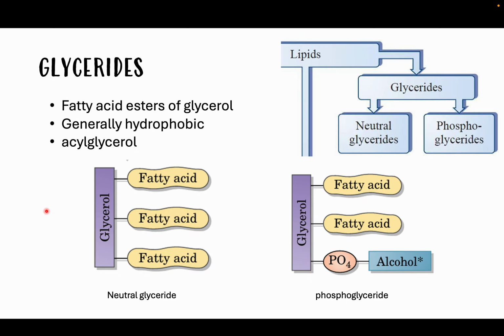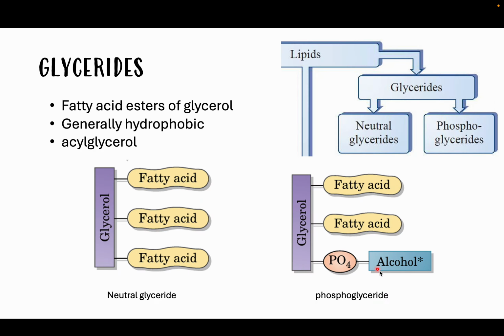Another type of lipid would be your glycerides, and they are either neutral glycerides or phosphoglycerides. The distinction between the two is the structure. When we say neutral glyceride, these are glycerides where the glycerol is attached to all fatty acids, so all of the substituents are fatty acids.